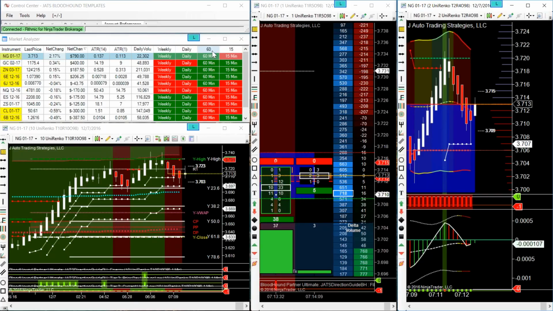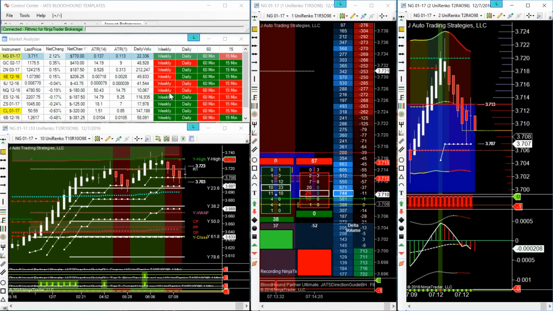I can see on the weekly, daily, 60, 15 whether it's going long or short, predominantly on a fast moving average on a higher time frame trend. So with that said, I can make a decision whether to trade long or short.